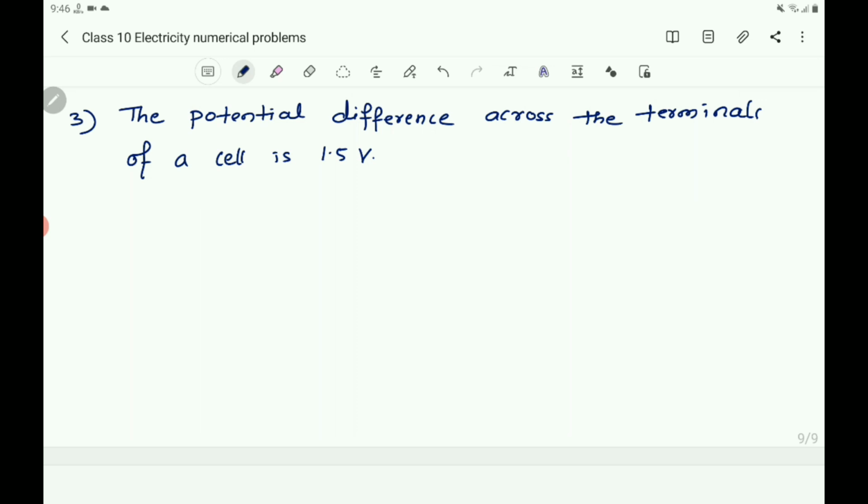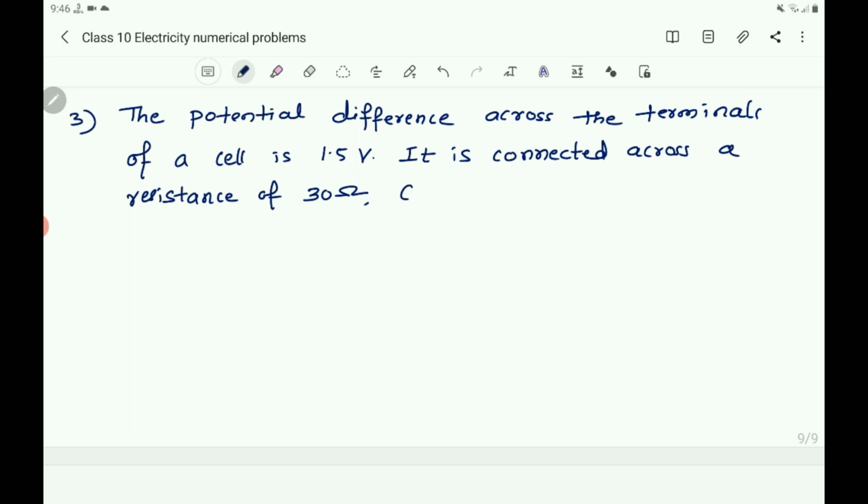It is connected across a resistance of 30 ohms. Calculate the current flowing through the circuit.